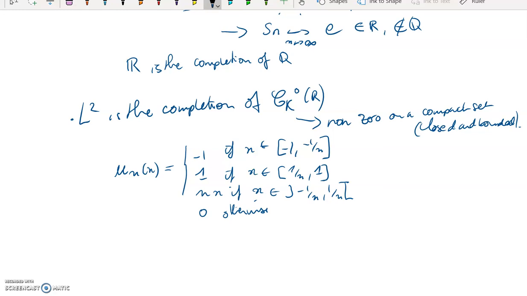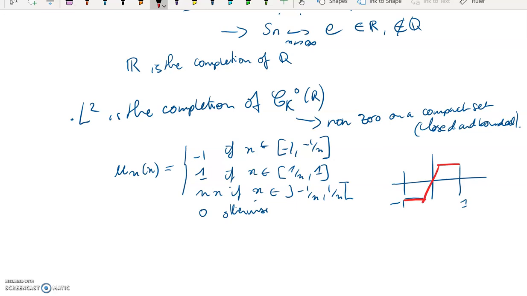So the support, the compact set where it's non-zero, is between -1 and +1, and that function looks something like this.